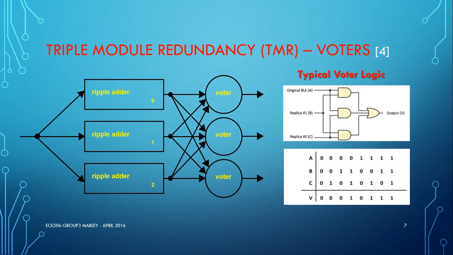If you never looked at the truth table for it, basically, 2 or more 0s is a 0, 2 or more 1s is a 1. It's basically a majority wins type of voting. And if one of them is wrong, you can have a finite state machine take it, shut it down and do full diagnostics on it and try to repair it.